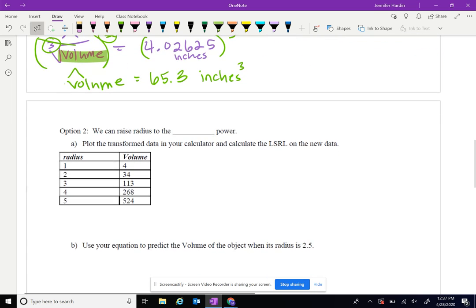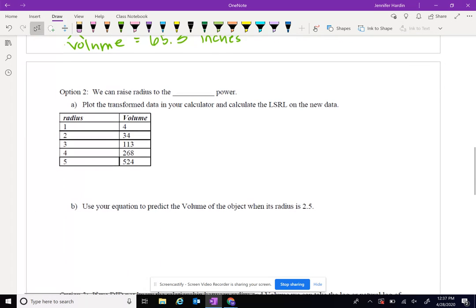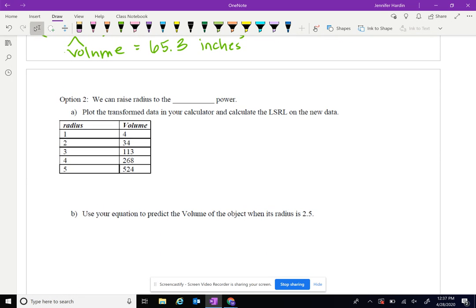Okay. The second option that it talks about is raising the radius to the same power. So in this case, if we're raising it to the same power as the volume, we're going to raise it to the third power.